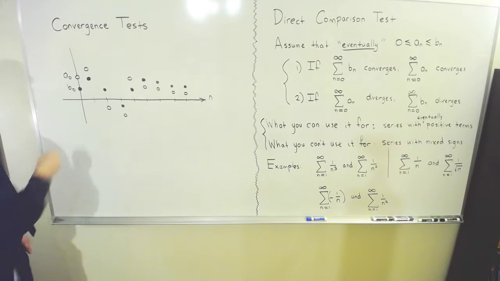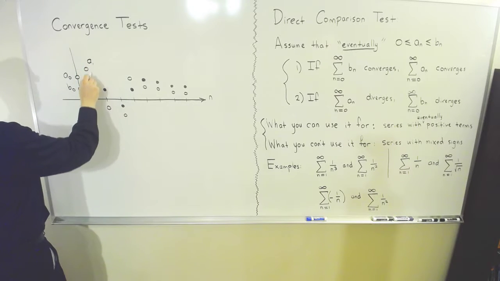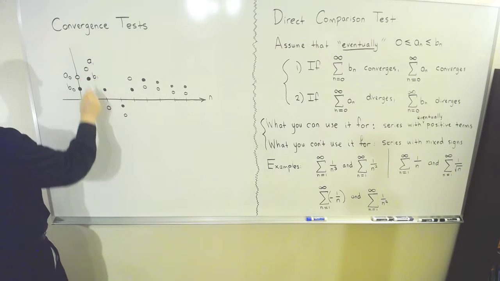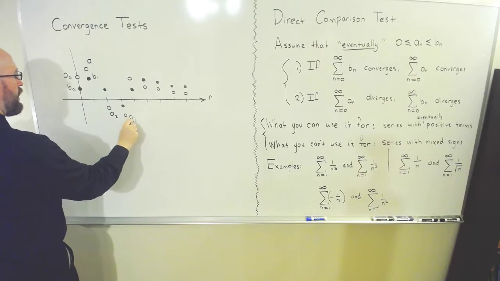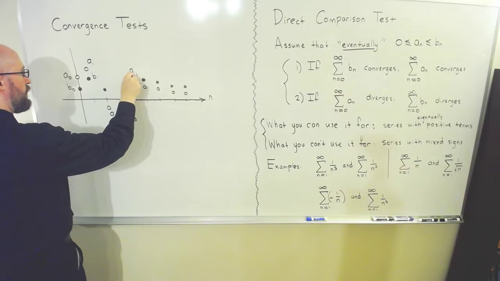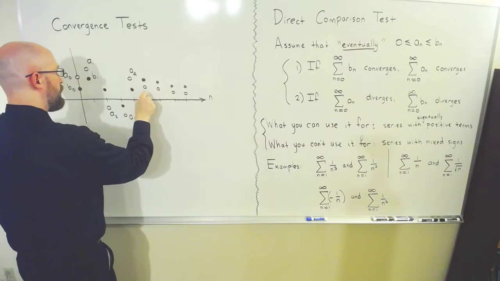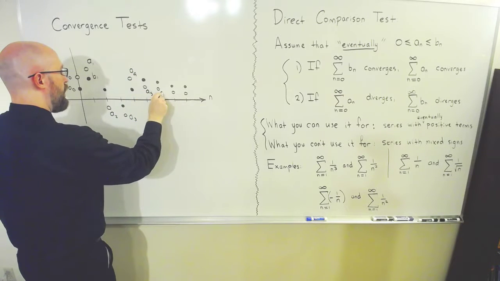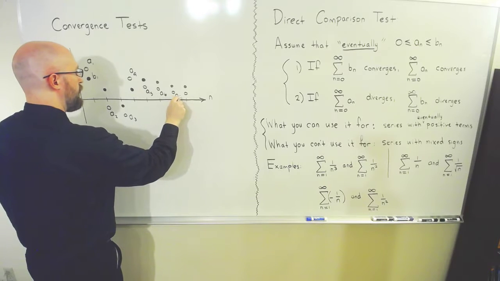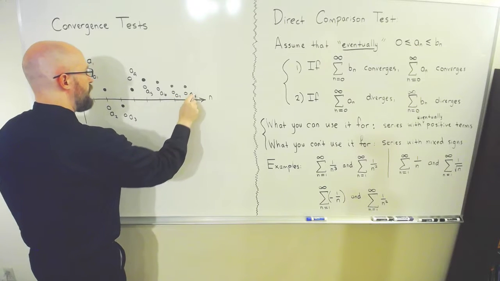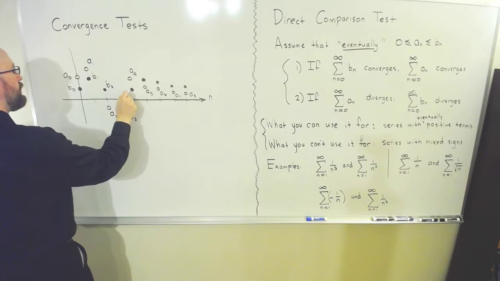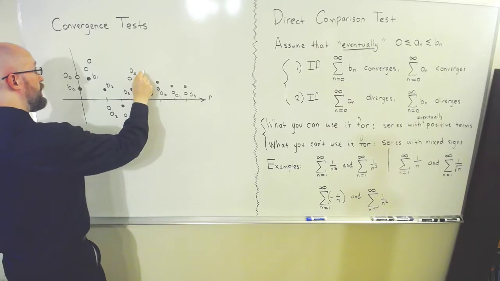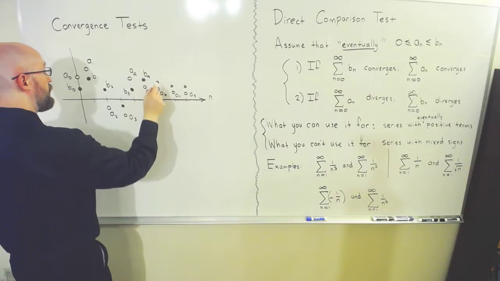Okay, so here's an example of this kind of situation. So here's A1 and B1. Here's A2. Let me mark all the A's first just so I get it correct. A5, A6, A7, A8. Hopefully this is legible on the video. And then B1, B2, B3, B4.